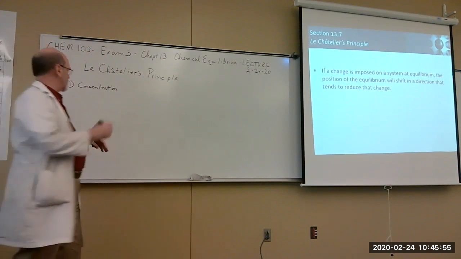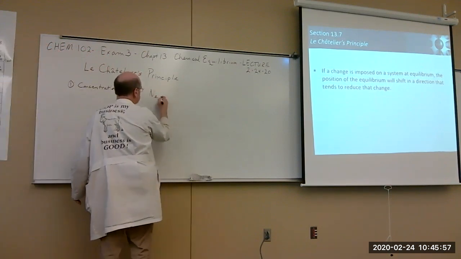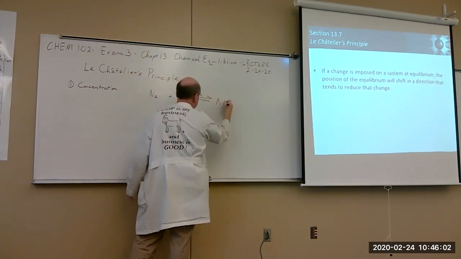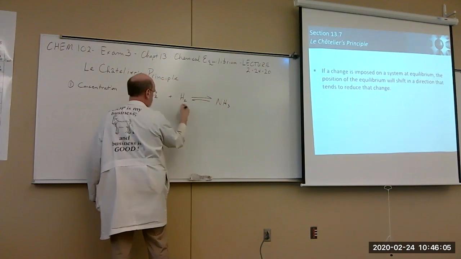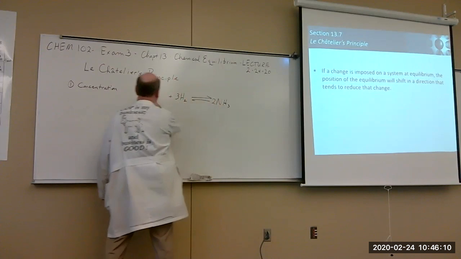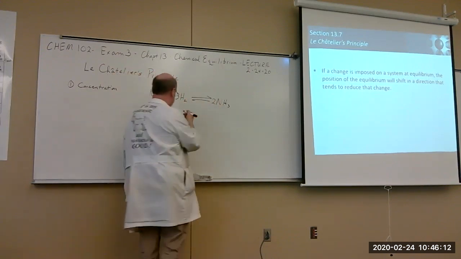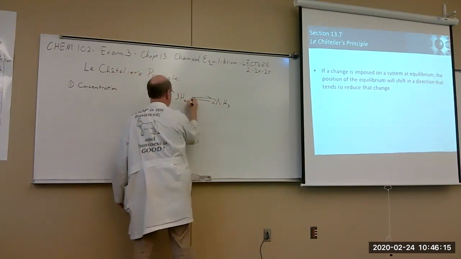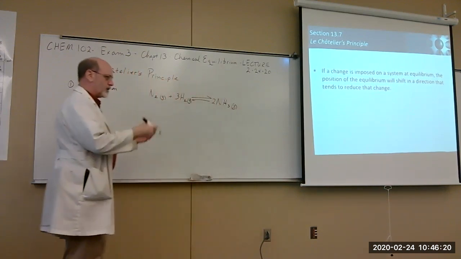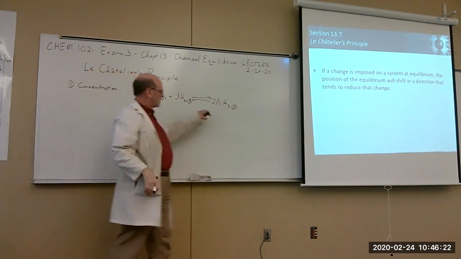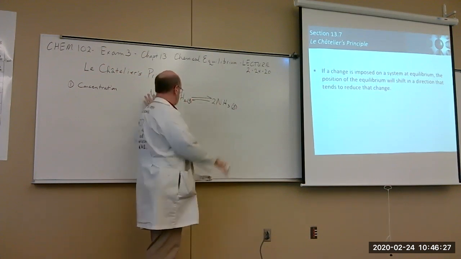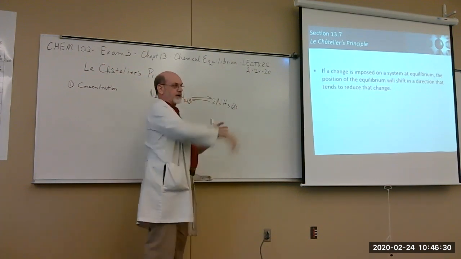In the Haber-Bosch process, we have N2 plus H2 yields ammonia. We have 1, 3, 2. Right, these are all gases. So as the reaction goes, the system is set up for removing some of the products. Just suck them off.